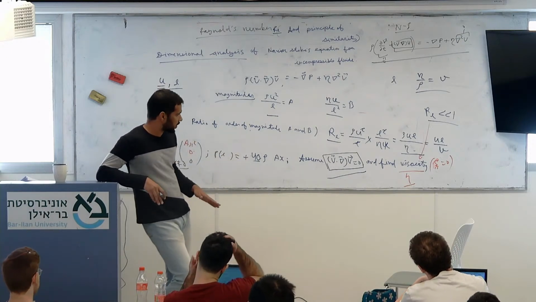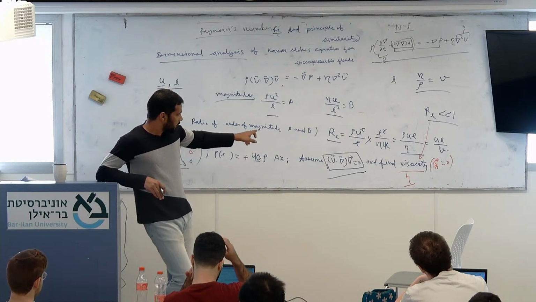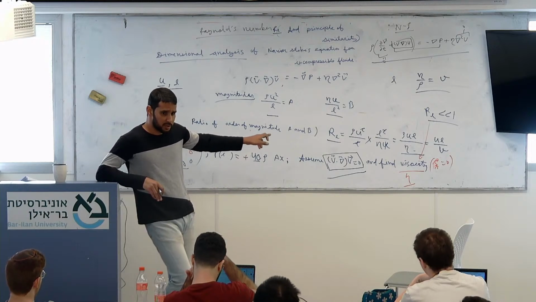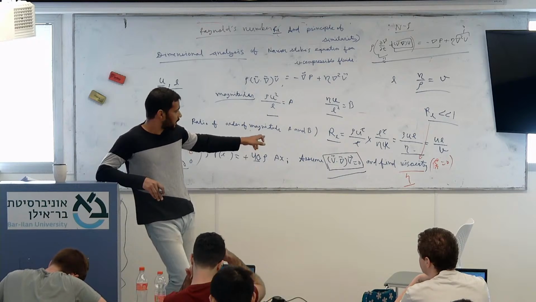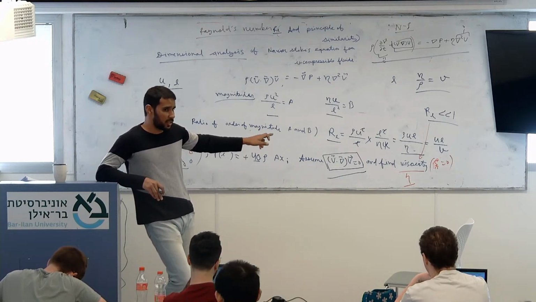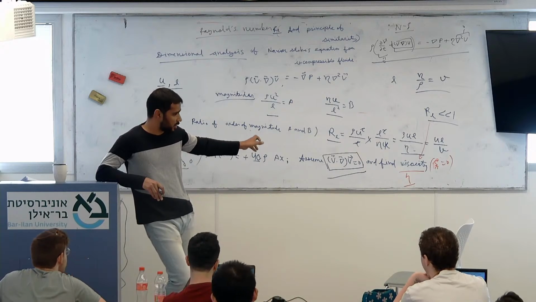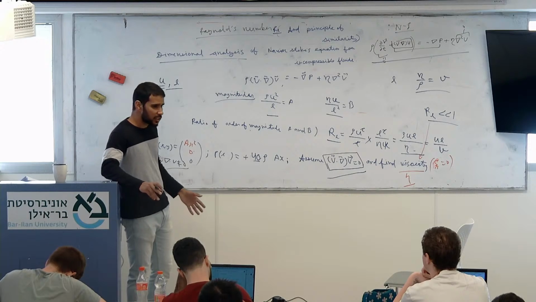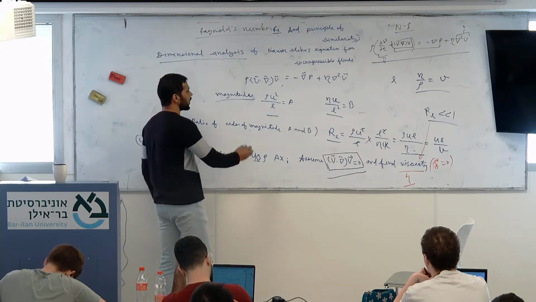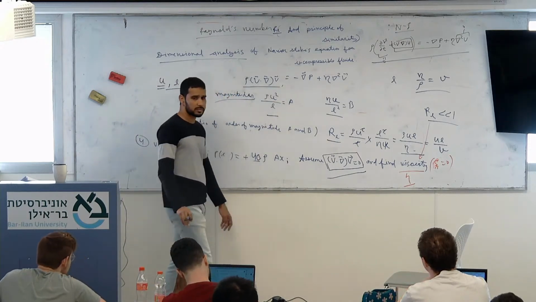It depends on the parameters. So when the fluid is not moving, its Reynolds number is 0, or it is moving with very small speeds, okay, or its viscosity is larger, then its Reynolds number is small. So in that case, that's the specific condition where you can ignore this term.